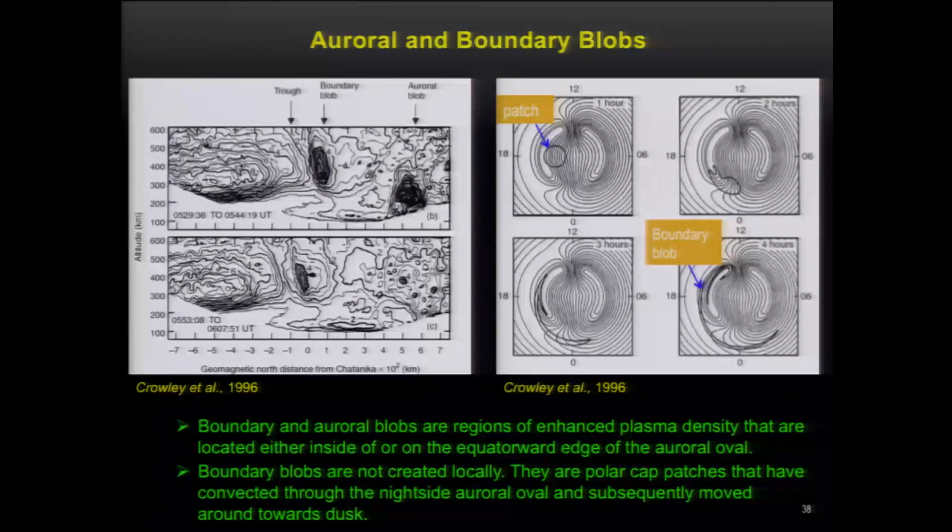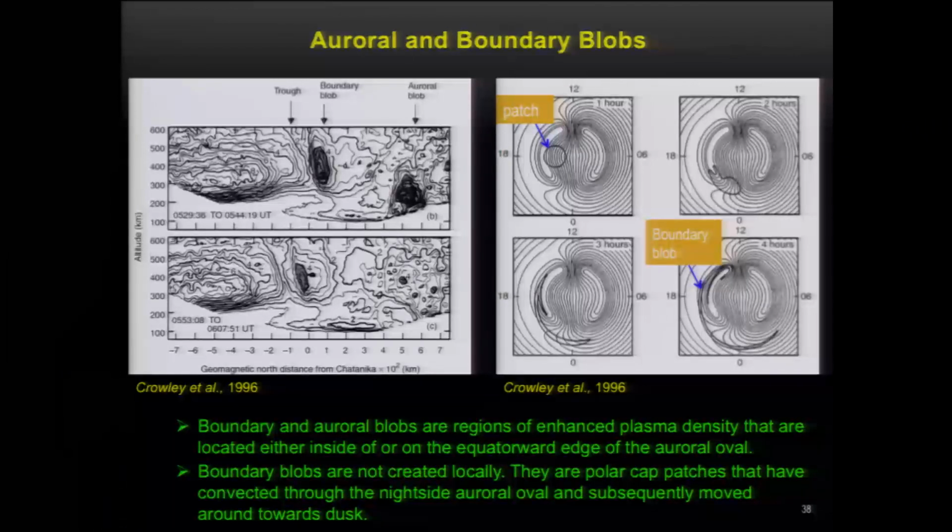As the patches are created in the dayside cusp region, they will be transported to higher latitude, towards the nightside, where they actually are called boundary blobs when they get into the auroral oval. Here is a modeling study done by Crowley et al. 20 years ago, which used a steady state convection pattern.